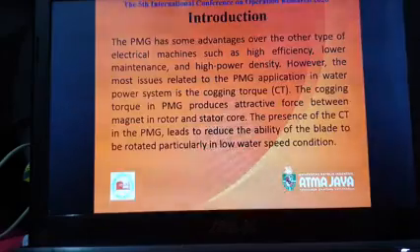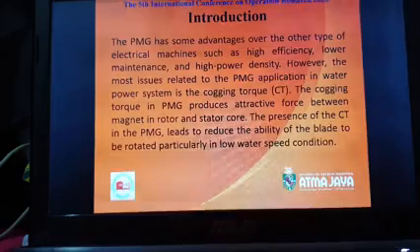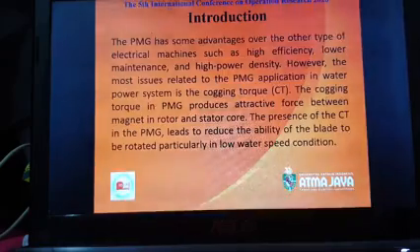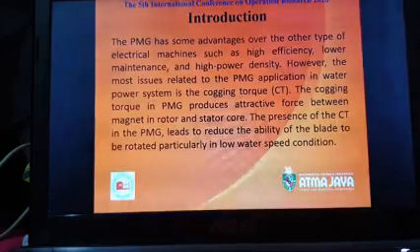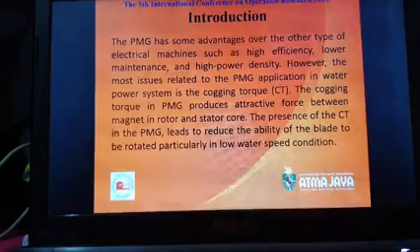In the introduction, in renewable energy systems such as wind, water, tidal wave, and so on, the utilization of special electrical machines such as the permanent magnet generator, or PMG, is one of the most important parts in order to harvest electric energy.